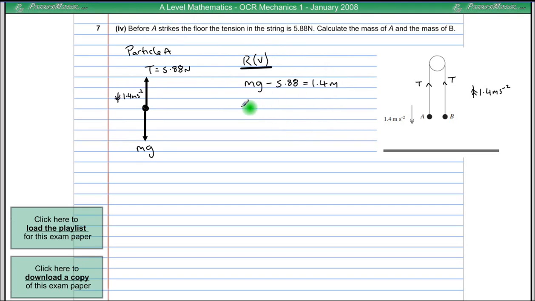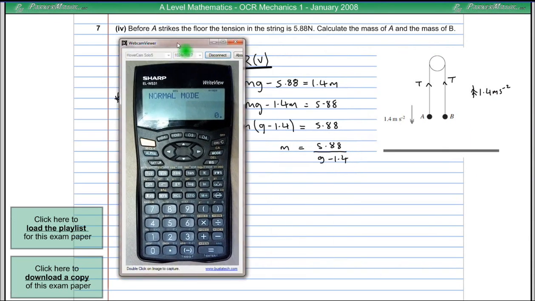If we rearrange this, we can get mg minus 1.4 m equals 5.88, and then we'll factorise. m(g minus 1.4) equals 5.88, and then we'll divide through to get m equals 5.88 divided by g minus 1.4. Let's work out what that is.